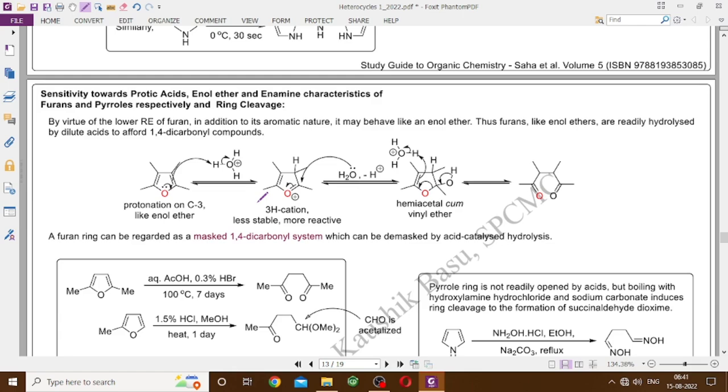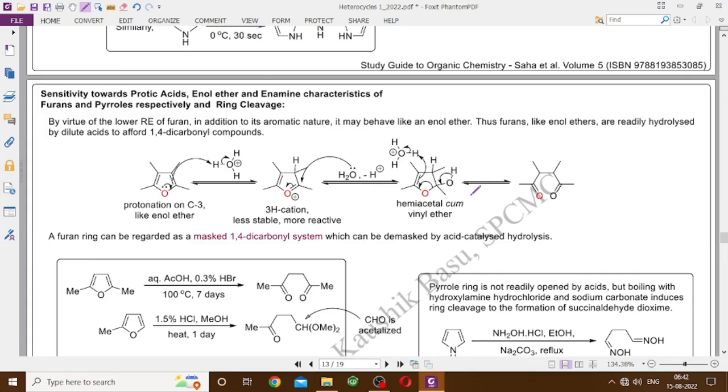Like enol ethers, furans are readily hydrolyzed by dilute acid to give you carbonyl compounds, and with furan you actually get a 1,4-dicarbonyl. This is yet another reaction which has been featured prominently in the university question papers. They ask you to answer this question: give an example where furan is behaving as an enol ether.